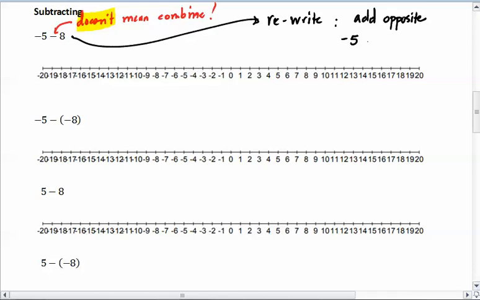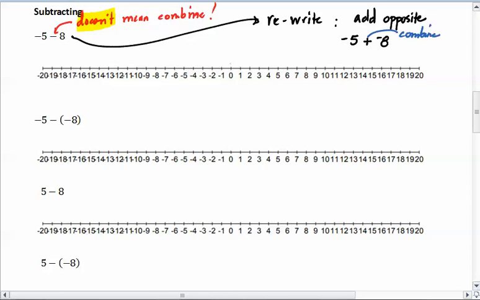The subtraction means I'm going to add. And that was subtracting a positive 8, but it says the opposite, so it's going to mean a negative 8. So if I rewrite the problem, it really is a negative 5 plus a negative 8. So then now this right here means combine, and I can use my number line to think it through.